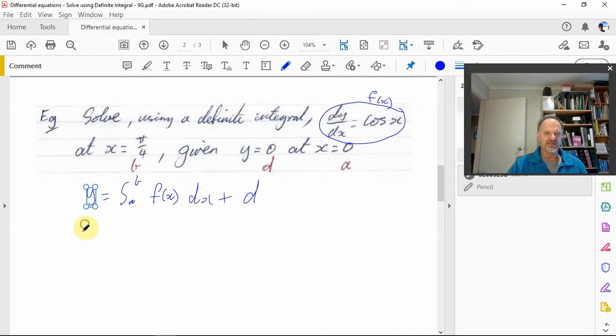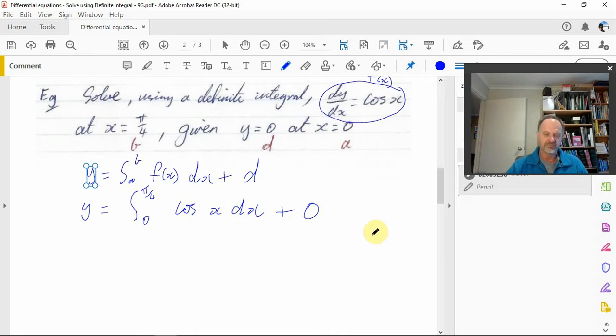So in this particular case, the y value that we're looking for goes from 0 to pi on 4, and f(x) is cos x dx, plus our d, and that's where we started for our y, so we started at 0. All right, so now we've just got to do what we had done before.